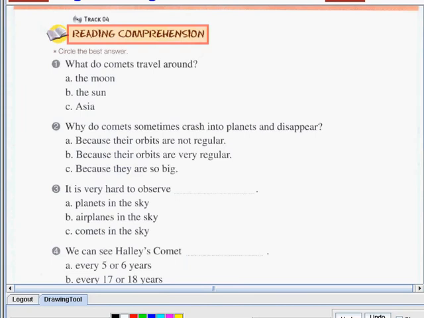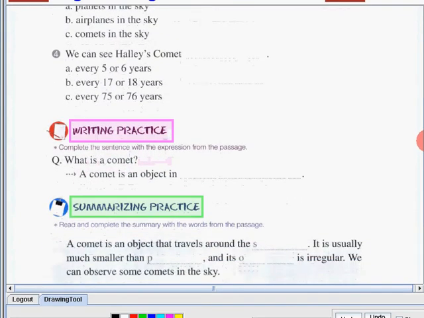We will have 3 activities for today. The first one is the reading comprehension. The second one is writing practice. And the third one is summarizing practice.